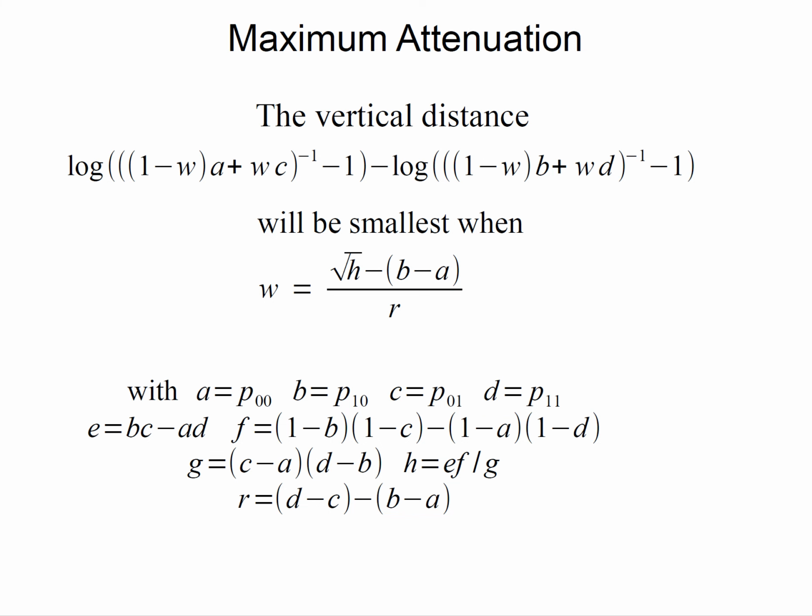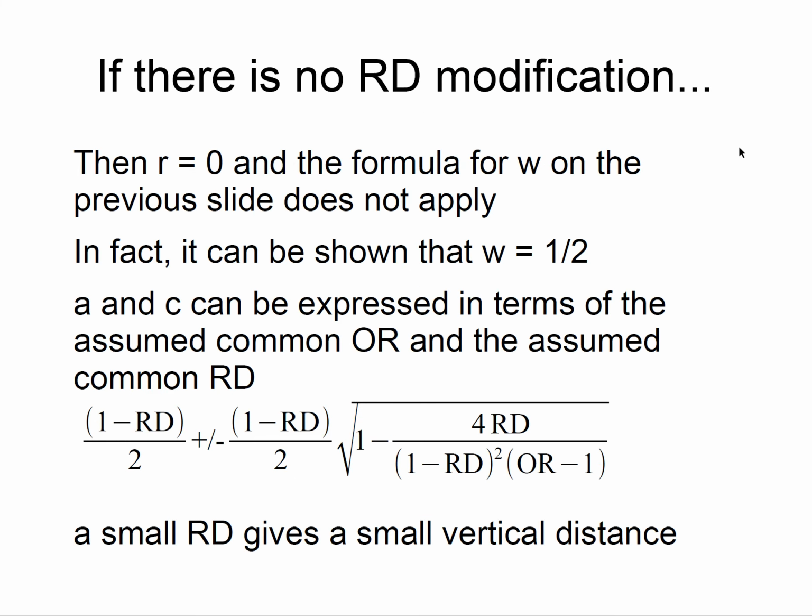Well, there's more. It turns out that if there is, in addition to there being no odds ratio modification, no risk difference modification, then the smallest vertical distance will always be when the two weights are equal to a half. And that can be shown with some fairly careful, a little bit elaborate, attention to some math. We're skipping that.